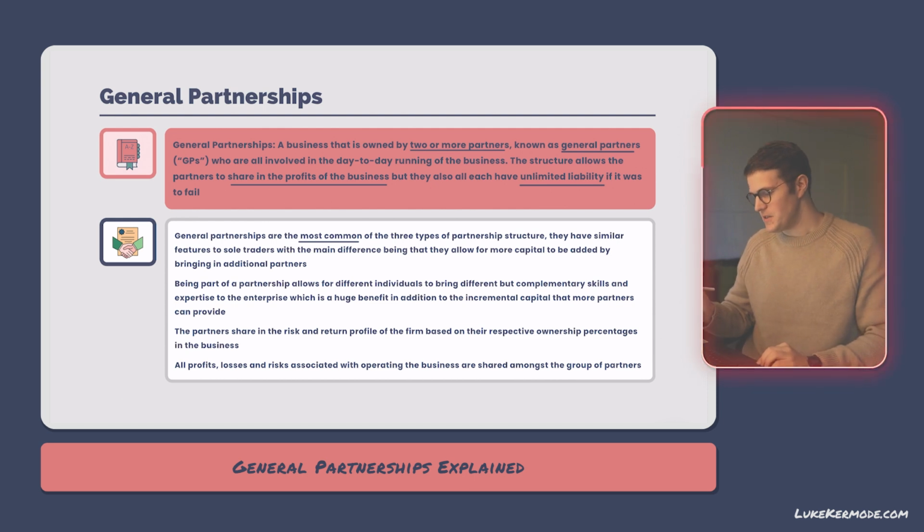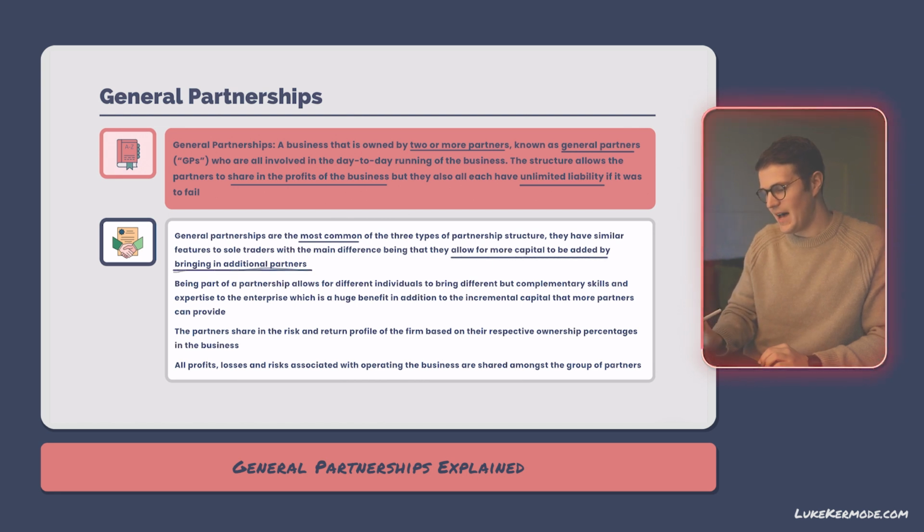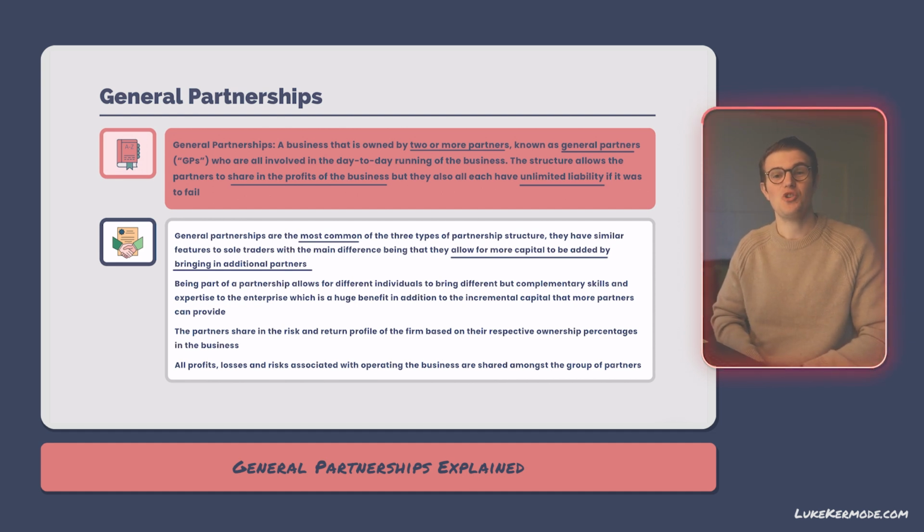But the main difference between a general partnership and a sole proprietorship is that a partnership allows for a lot more capital to be added, because a partnership is able to bring in additional partners. If the business is struggling to grow and access capital, a partnership is able to bring in more owners and more equity capital, which a sole proprietorship just cannot do.